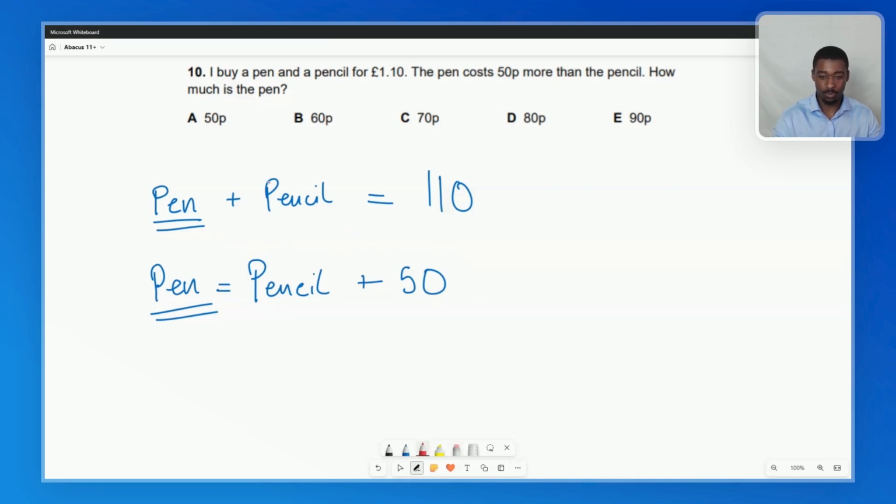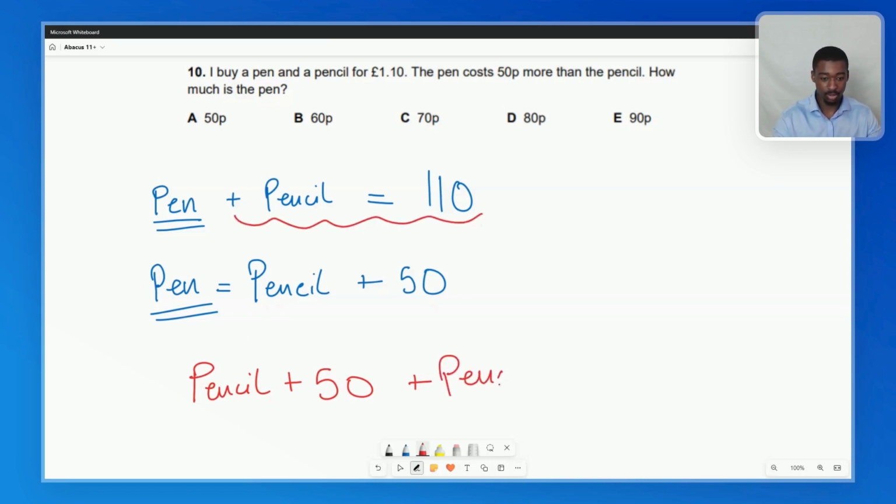We know that pen plus pencil is 110. But we also know that pen is pencil plus 50. So if we know these two things, we can substitute pen for pencil plus 50. That's all substitution is.